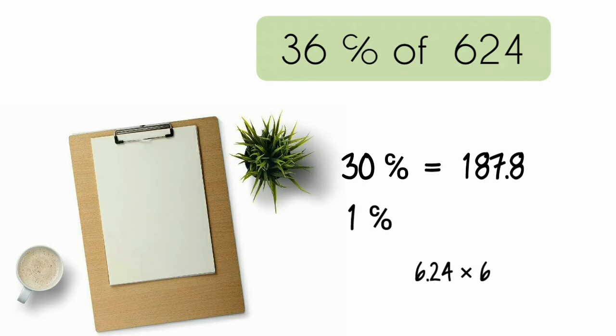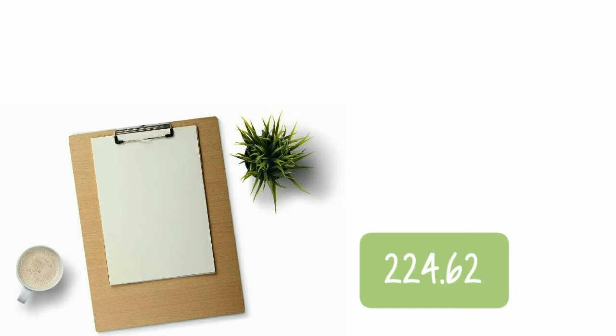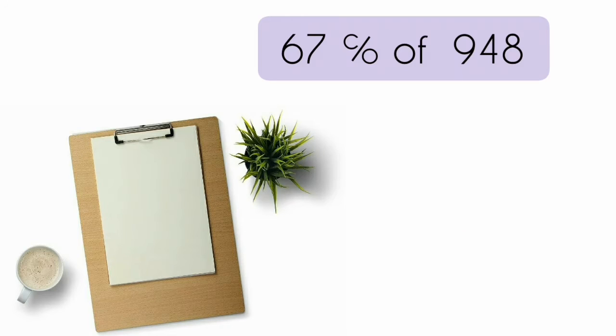We multiply it by 6 and we get the 6%. And then we simply add the numbers. Just be careful while adding the numbers where the decimal point would be, and we get the 36% of 624.